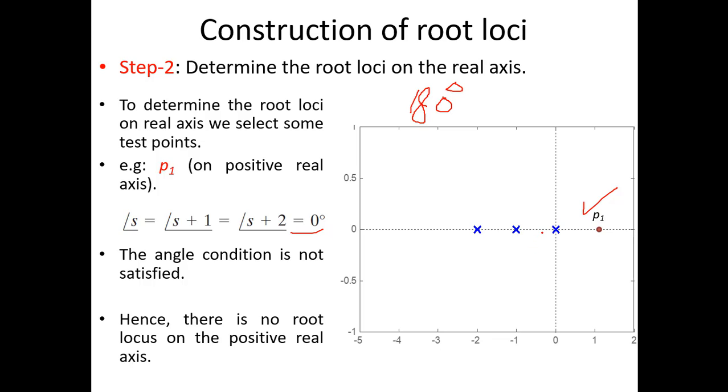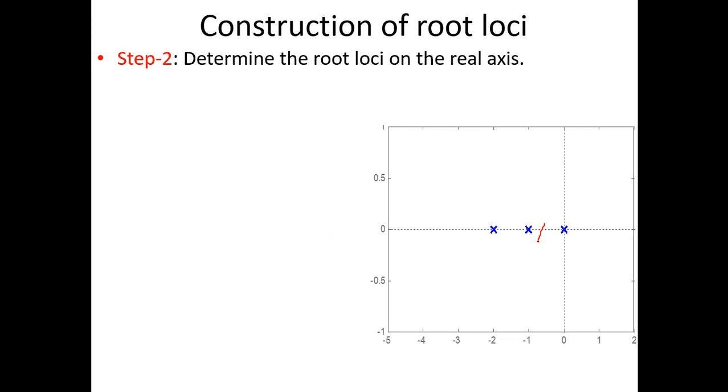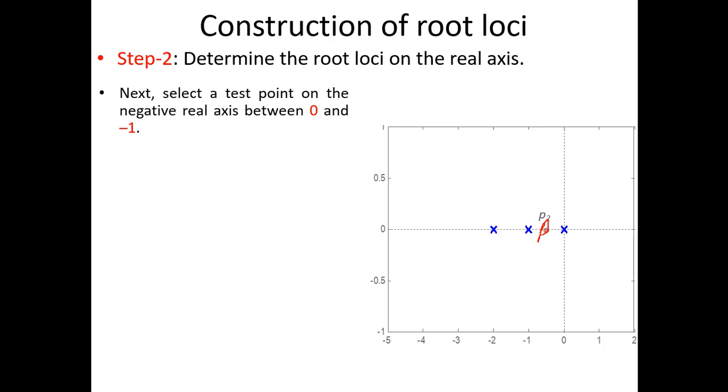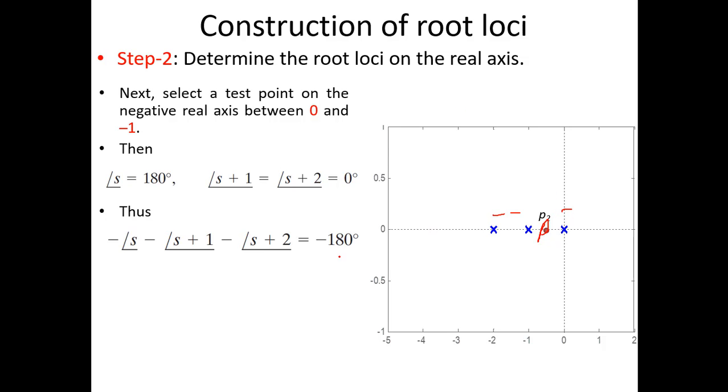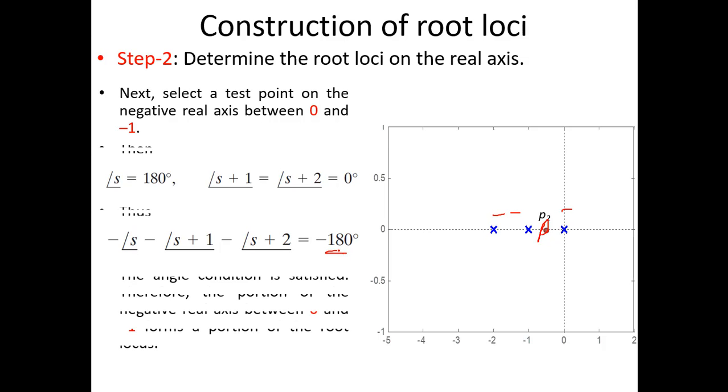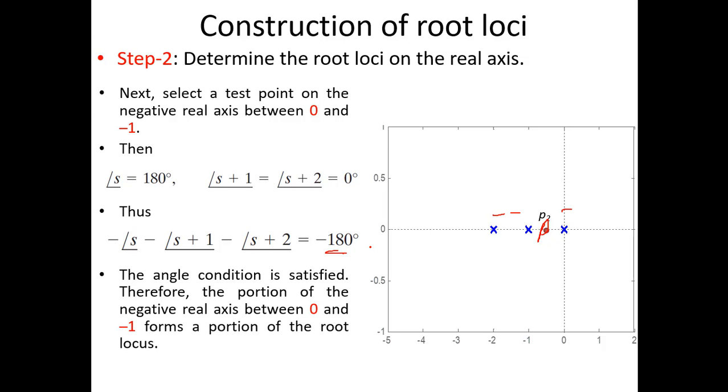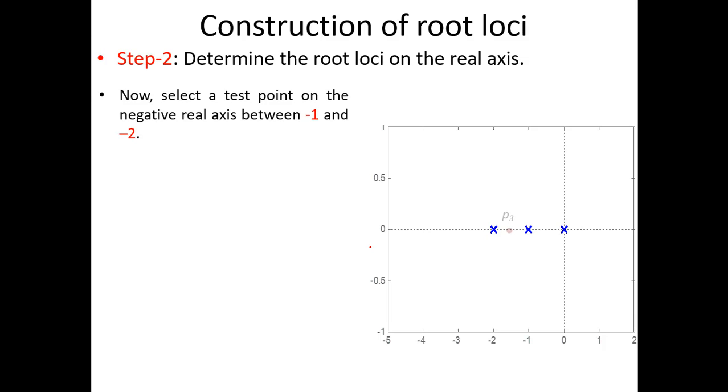The second point was this point P2, and this point was on the root locus because there were two at 0 degrees and this one was at 180 degrees. So this point was on the root locus because 180 is an odd multiple.